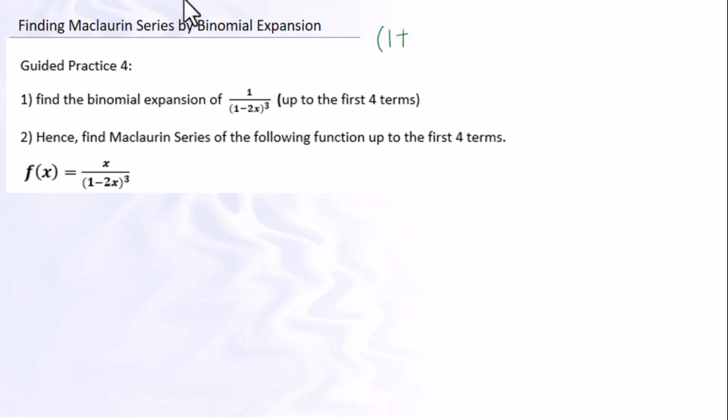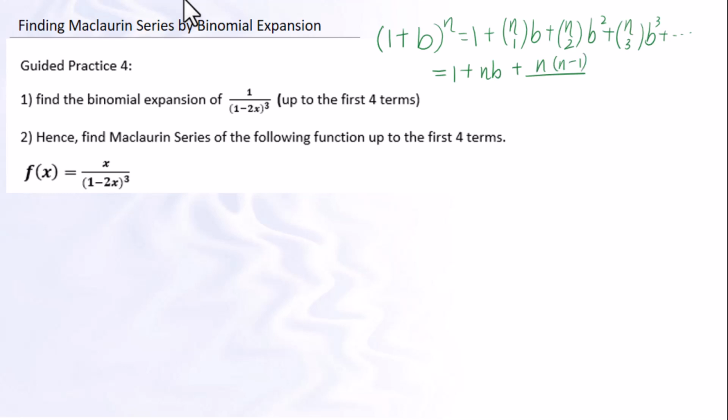We have to use this formula: 1 plus b to the nth power equals 1 plus n choose 1 times b plus n choose 2 times b squared plus n choose 3 times b to the third power, and so on, equals 1 plus n times b plus n times n minus 1 over 2 factorial b squared plus n times n minus 1 times n minus 2 over 3 factorial b to the third power, and so on.